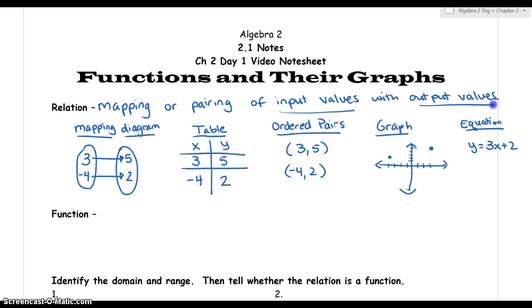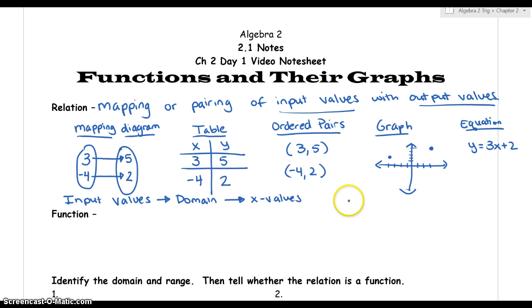Alright, so there are 5 different ways we can represent relations, and basically it's the input values and output values put together. Some people know it as x values and y values put together, or as domain and range put together. I do want to put a couple of notations. Input values are our domain, and our domain is our x values in the example above.